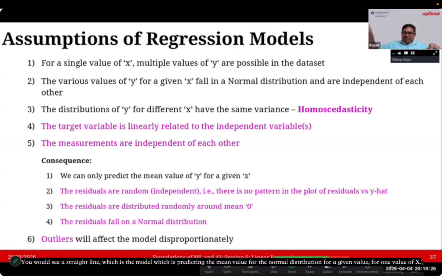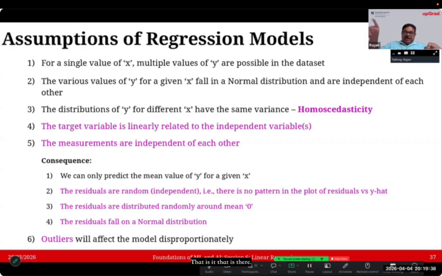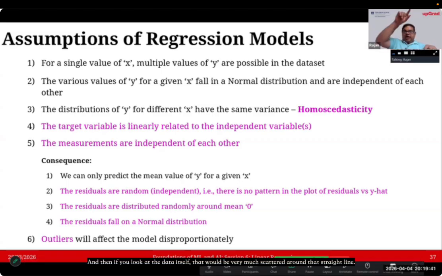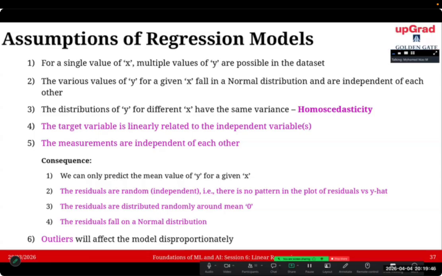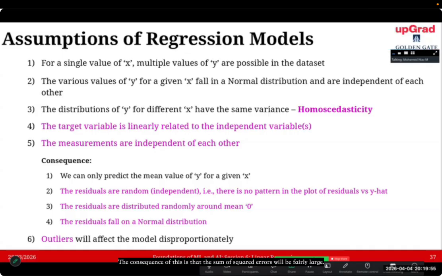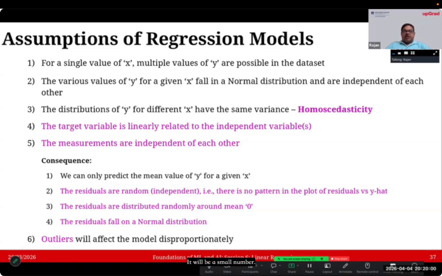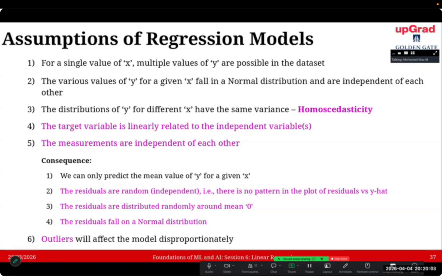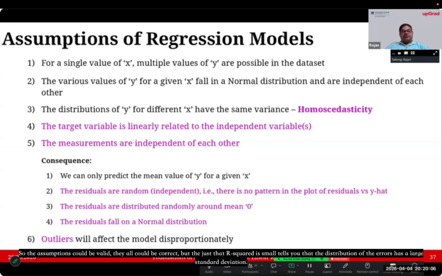The model predicts the mean value P for a given value of x, and the data itself would be very much scattered around that straight line. The consequence is that the sum of squared errors will be fairly large, that is, your R squared value will be a small number. So the assumptions could be valid. They all could be correct.